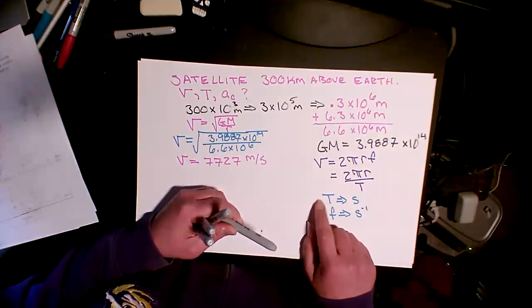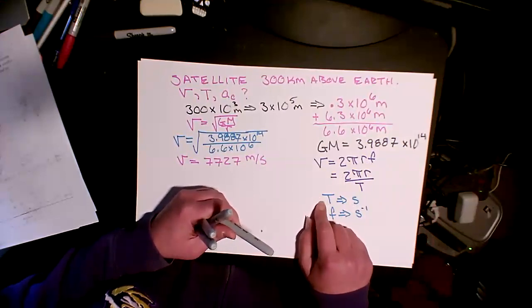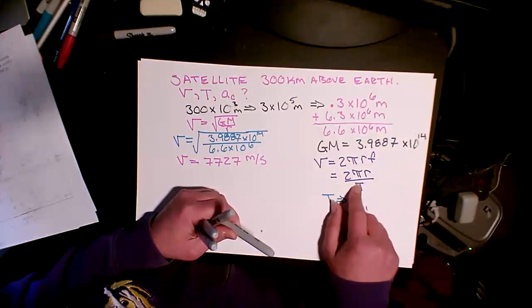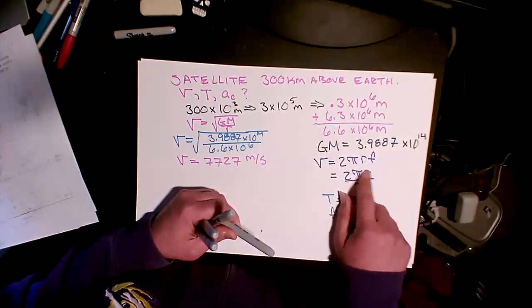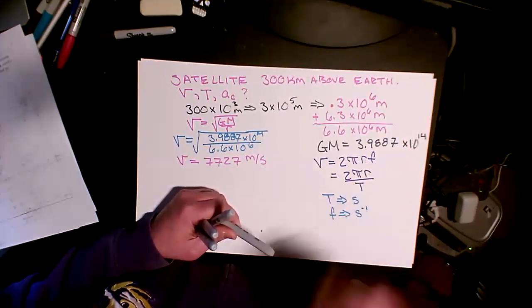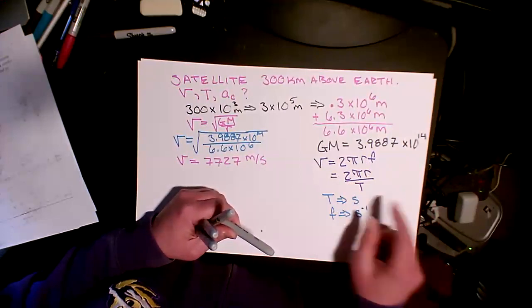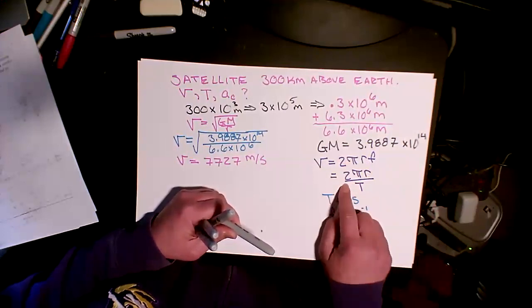Period is in terms of seconds. Frequency is the amount of cycles completed in 1 second. So this thing here is the same thing. So this is just my circumference, the distance around that circular path I'm taking, divided by the amount of time it takes to complete that. So they both give me the exact same thing.